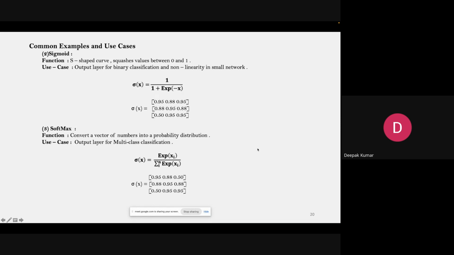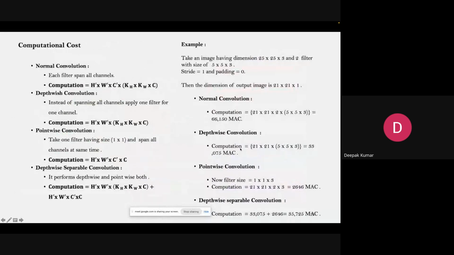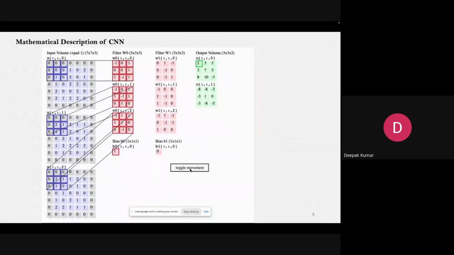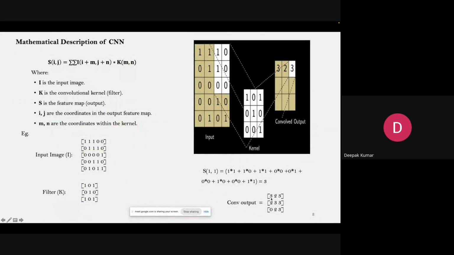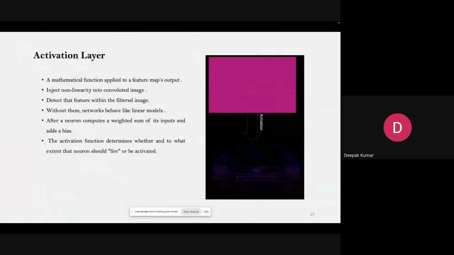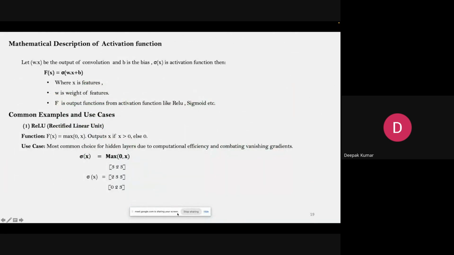So if we put the values we previously computed after the convolution into these different functions, we will get this. As we can see, there are no negative values. If we apply ReLU, the values will be the same.